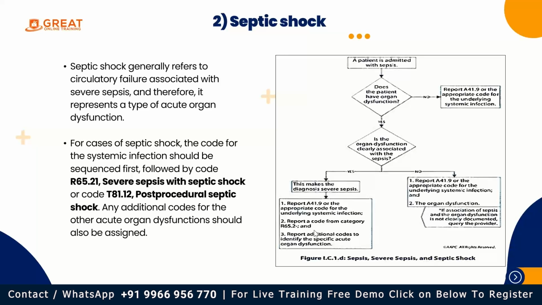Because if just sepsis is there, we have to use R65.0. But if septic shock is there, we have to change this code to R65.21 because we have a combination code for septic shock and severe sepsis, right? I'll show you. Let's complete this. And after the R65.2 code, we have to report additional codes to identify acute organ dysfunction.